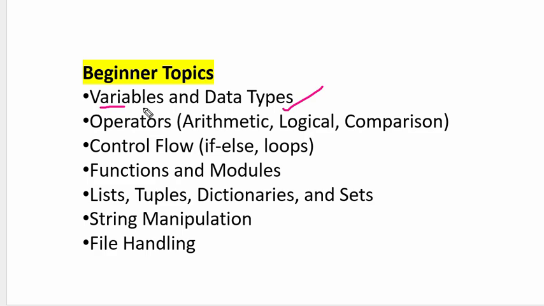Once you read this topic, variables and data types, after that you can go for operators: what is an arithmetic operator, what is a logical operator, what are comparison operators. These are very important when you are performing operations in real time. Whenever you are working on a real-time project, it is very useful.